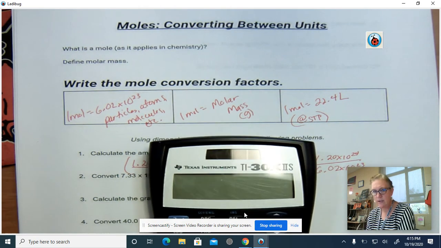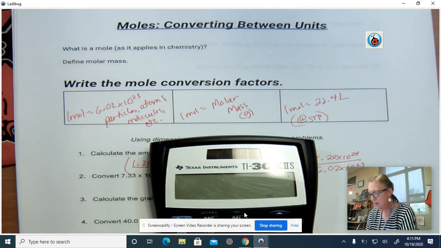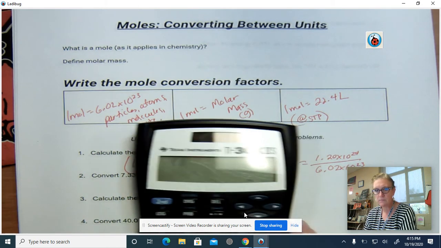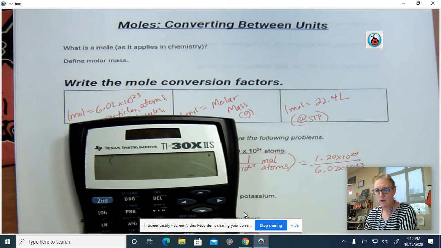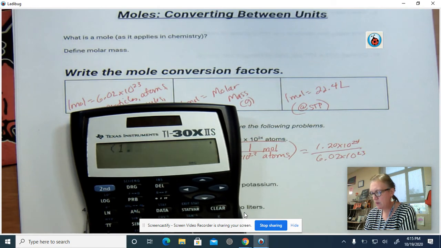Okay, and when you do this, let me encourage you to use parentheses. So I'm going to put in my parentheses and type in 1.20, and that little E key tells the calculator times 10 to the 24th, divided by parentheses 6.02 times 10 to the 23rd.